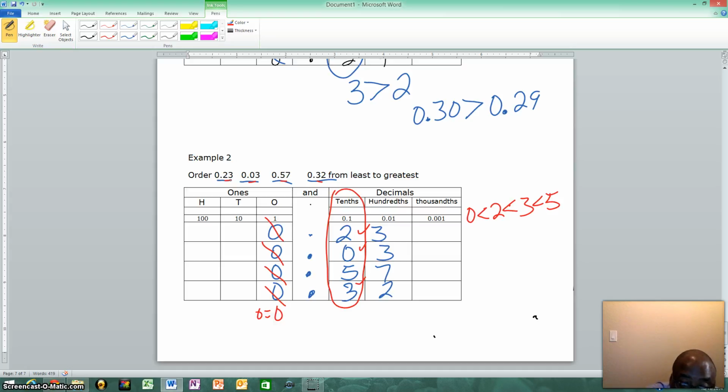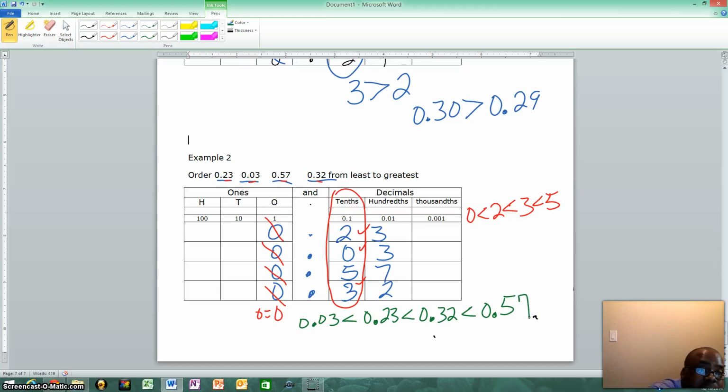Okay? So now when we order those from least to greatest, we're going to start off with 0 and 3 hundredths is less than 0 and 23 hundredths. 23 hundredths is less than 0 and 32 hundredths, which is less than 0 and 57 hundredths.